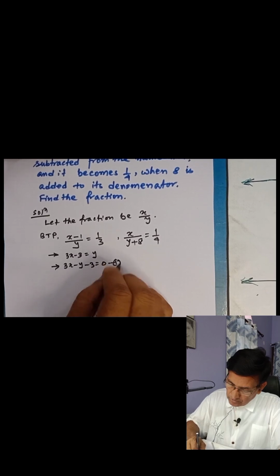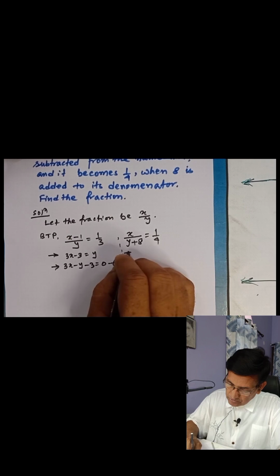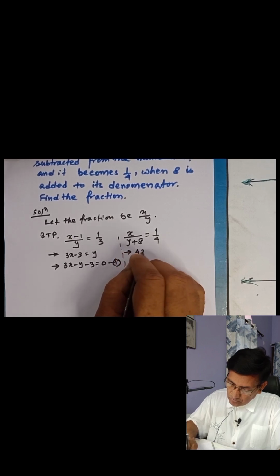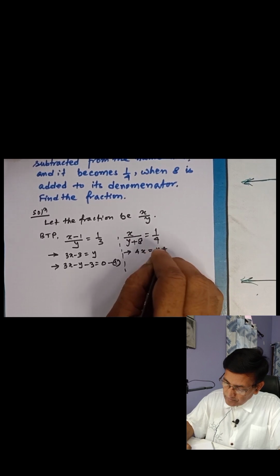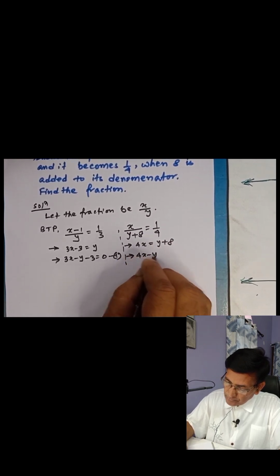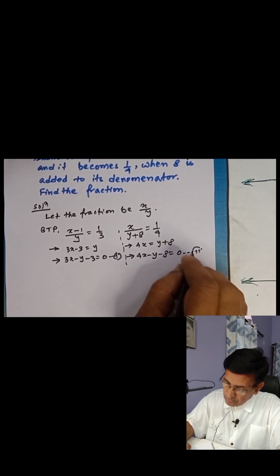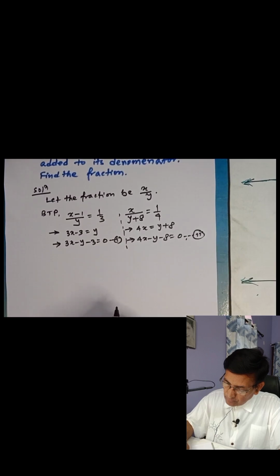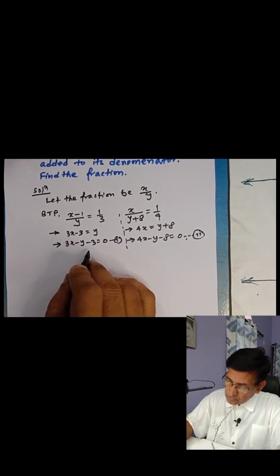This is one equation. 4x is equal to y plus 8, or 4x minus y minus 8 is equal to 0. This is equation number 2. By solving these equations, we will get the values of x and y.